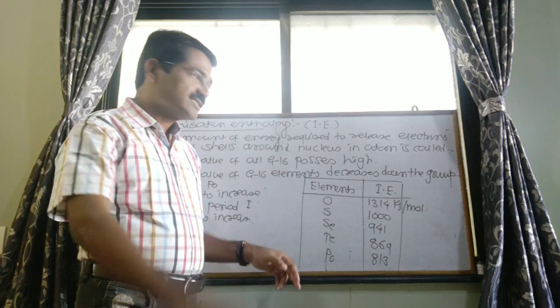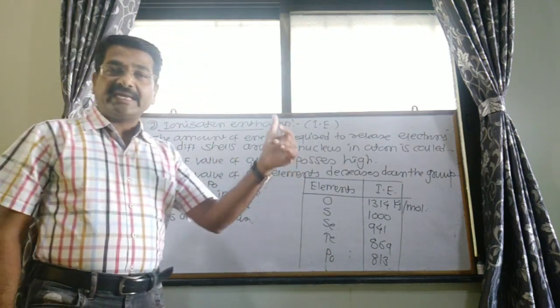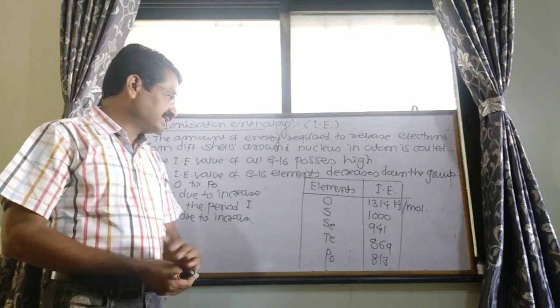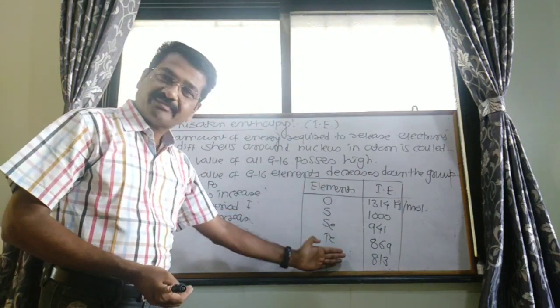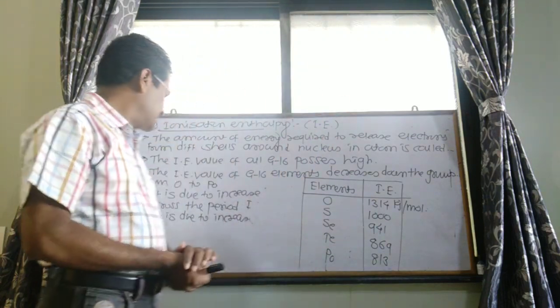Why does it decrease? Because of the increase in atomic size. We know the atomic size increases from oxygen to polonium. Therefore, the ionization enthalpy value decreases.